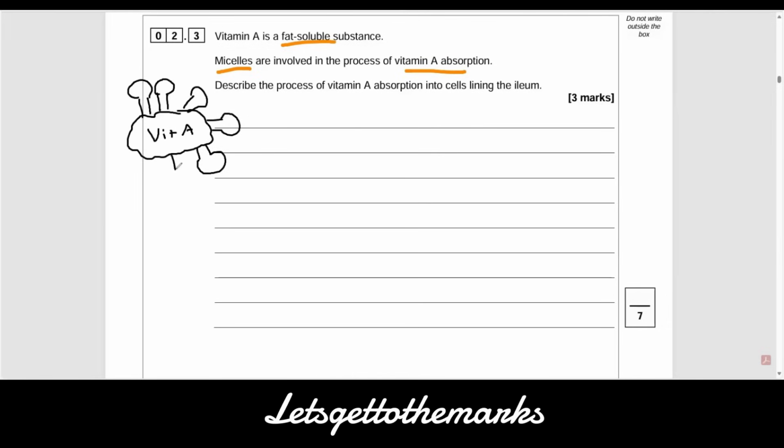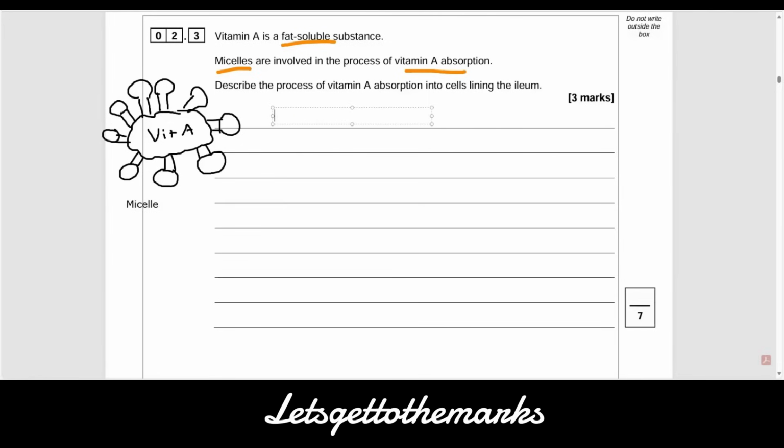So it's an example. And these, they're not trees, by the way. These are supposed to be phospholipids with the 2 tails, but they're incredibly crusty drawings. I did tell you before I got level 4 in GCSE art. So these face with their hydrophobic tails attached to the vitamin A because the vitamin A is fat soluble, and the hydrophilic heads facing outwards. And we call this a micelle.